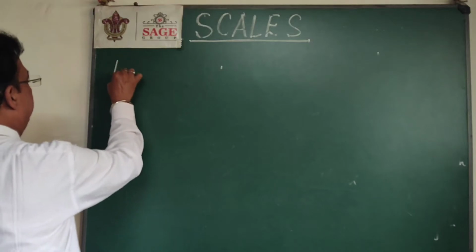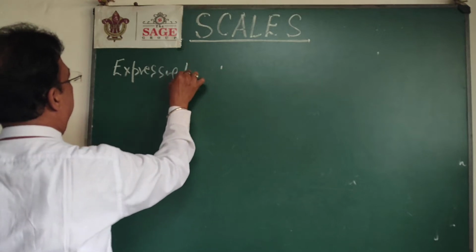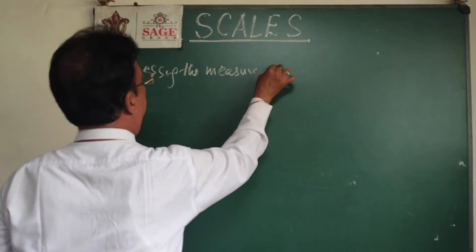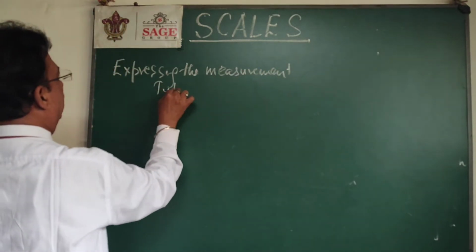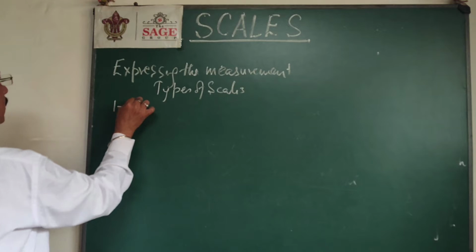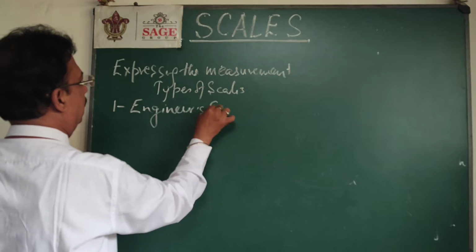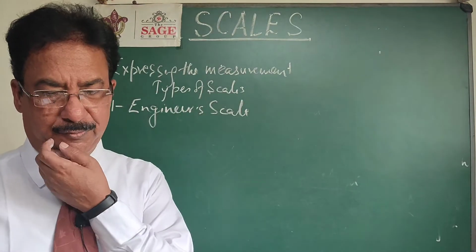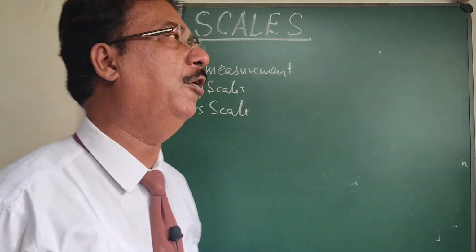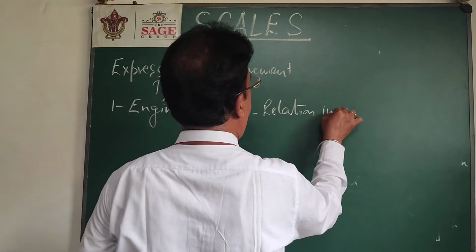So the first one will be the engineer's scale. As I already told you, in the engineer's scale the relation is in numerical form.